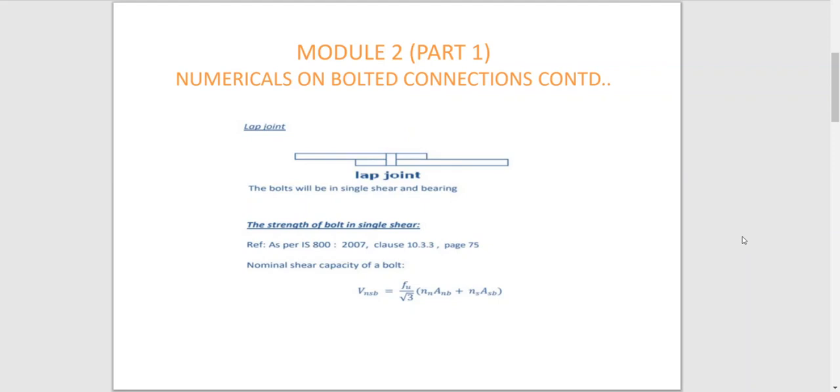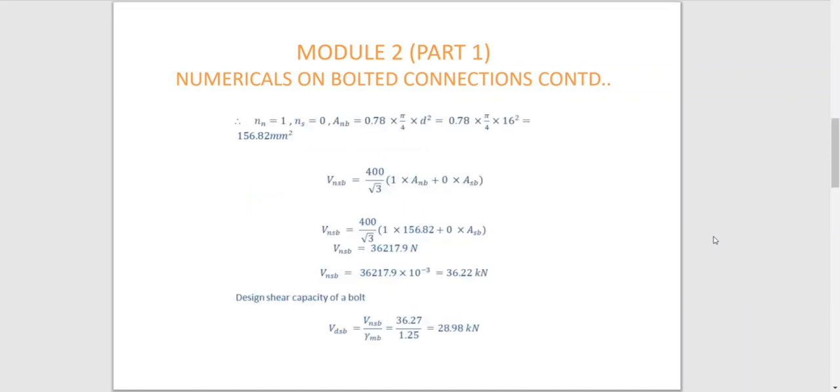This is a lap joint. We will assume that the shear plane is going to fall in the threaded portion, so we take nn as 1 because there is only one shear plane, and ns will be 0.